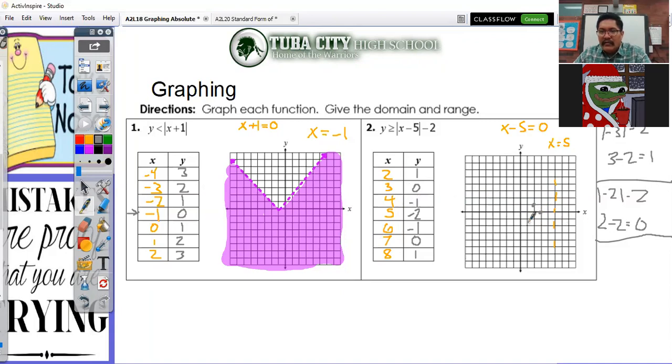Over 4, down 1. 5, negative 2. 6, negative 1, so over 6, down 1. And just as we expected, I put that orange line there so that we know very likely where it is going to turn around. And if I keep plotting, over 8, up 1, it does make a nice V shape.